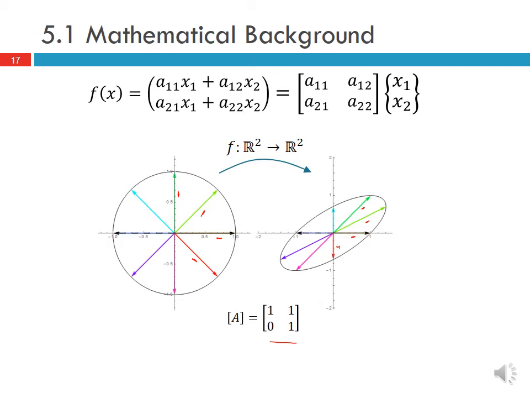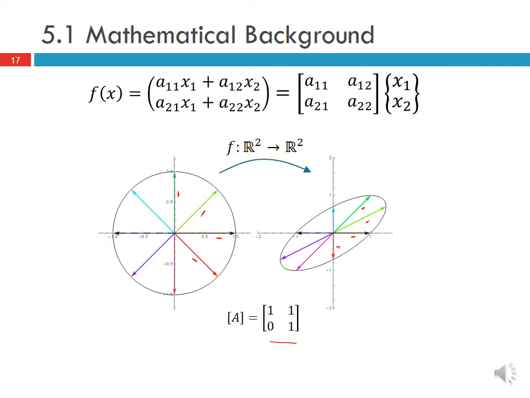So if we look at, for example, this black one, this would be defined as 1, 0, and when I apply my map A to that, I end up again with 1, 0.